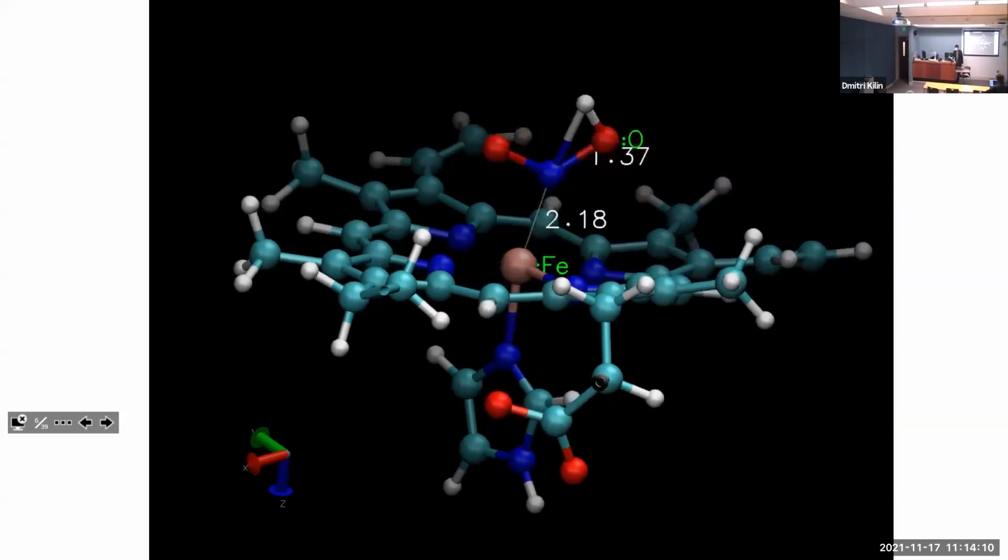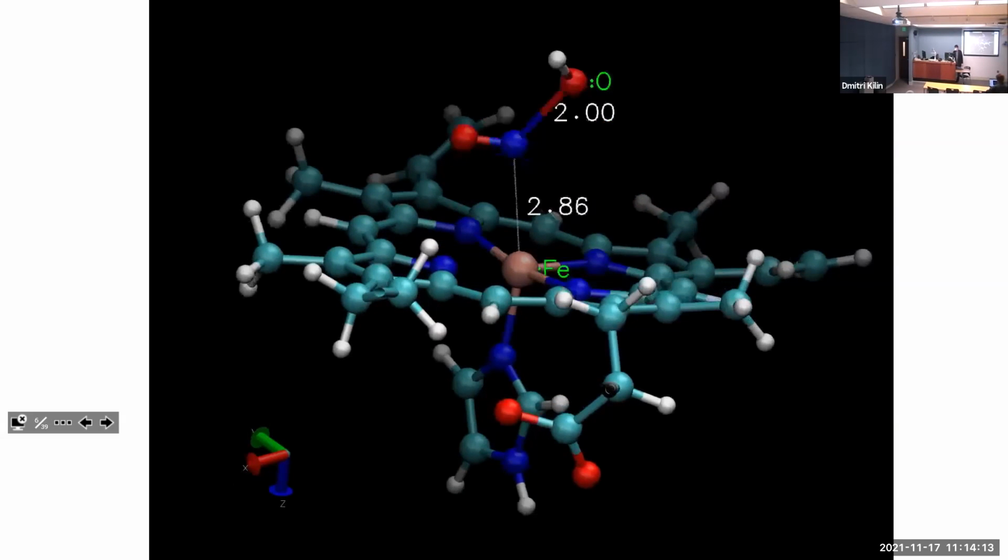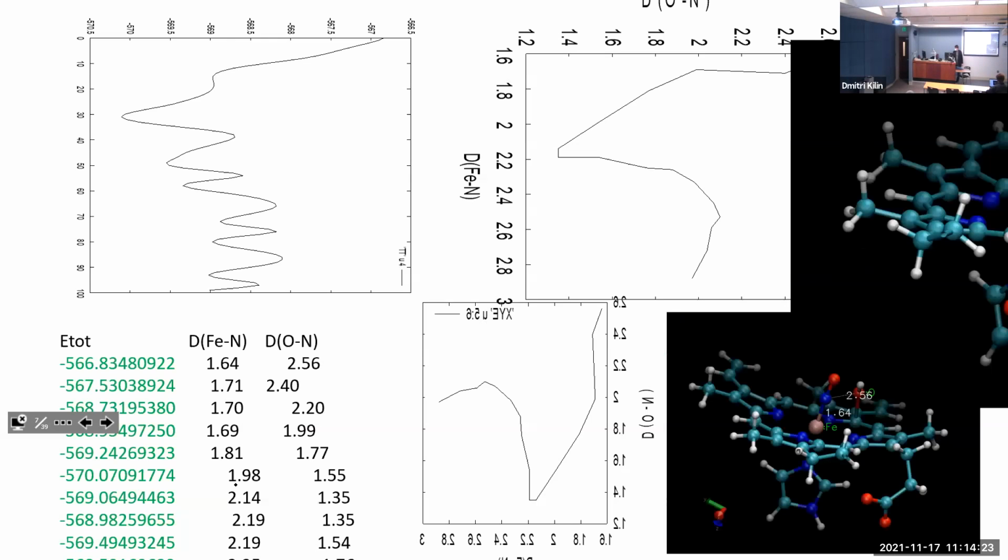So this is imported from a student who was doing a similar project in computational chemistry, which I invite everyone to take in the spring if you have availability in your schedule.